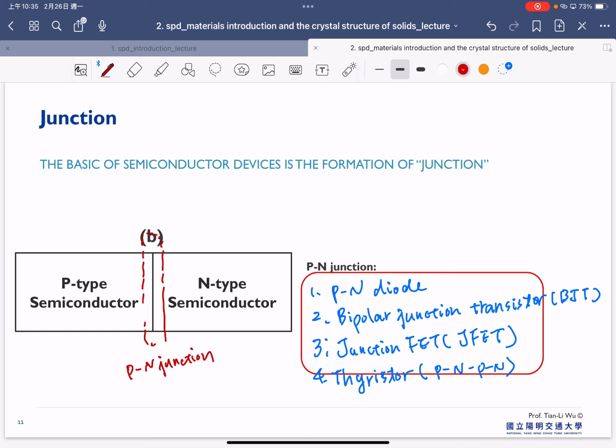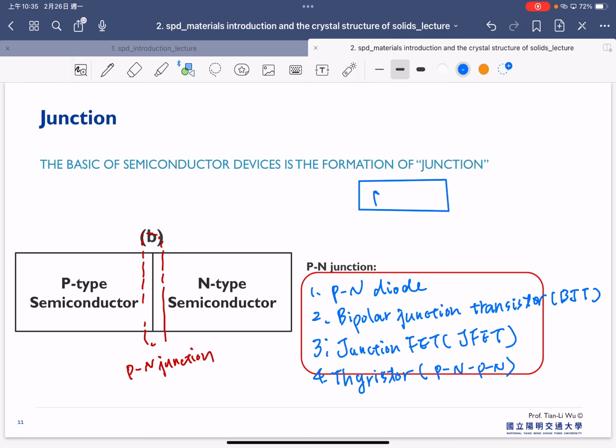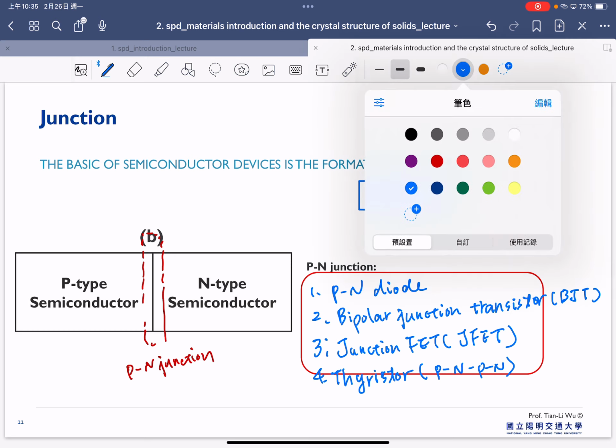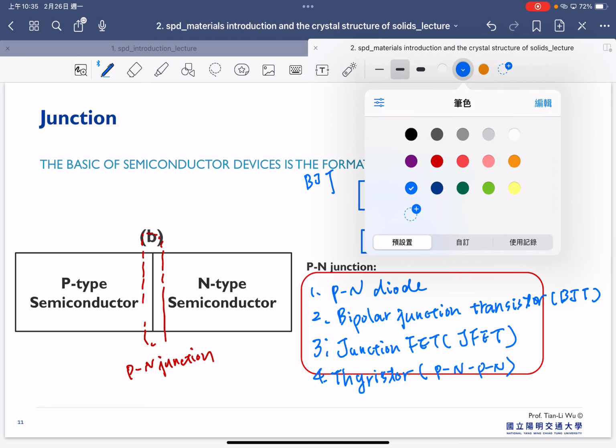And for the BJT, the device should look like here. So for example, in the case of the PNP, or in the case of NPN, we all have the PN junction.